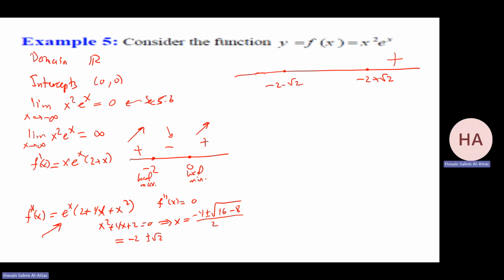This is concave up, or that's concave down, that's concave up. Well, I take a value like minus 2. Okay. Minus 2 will give me negative. So that is negative, that is positive. Sorry for that. So it's concave down, concave up, concave down.